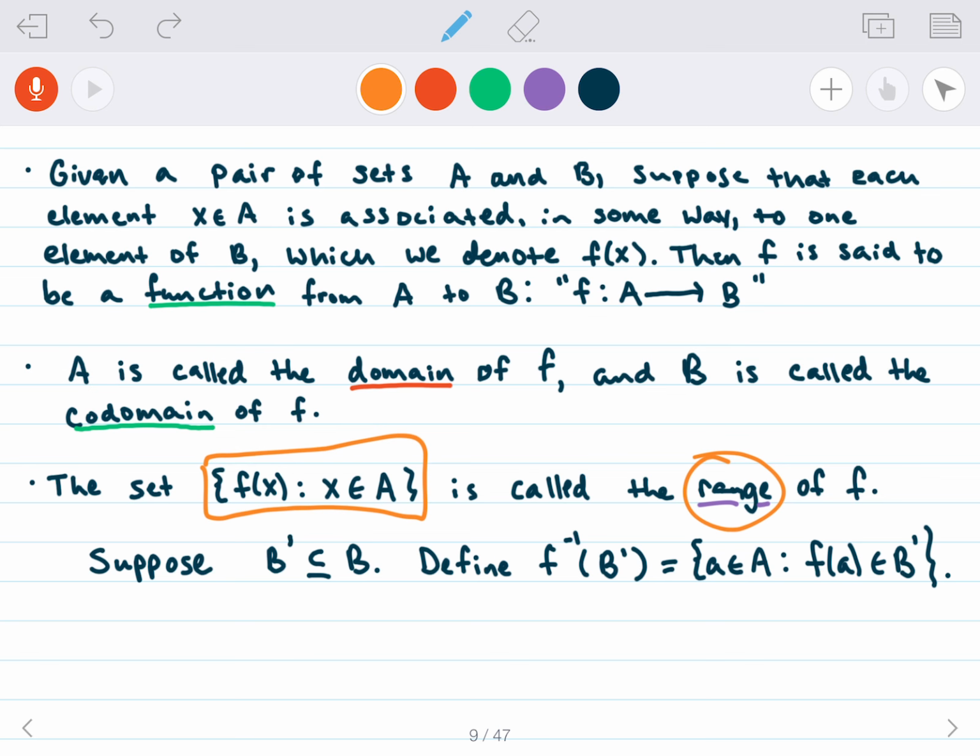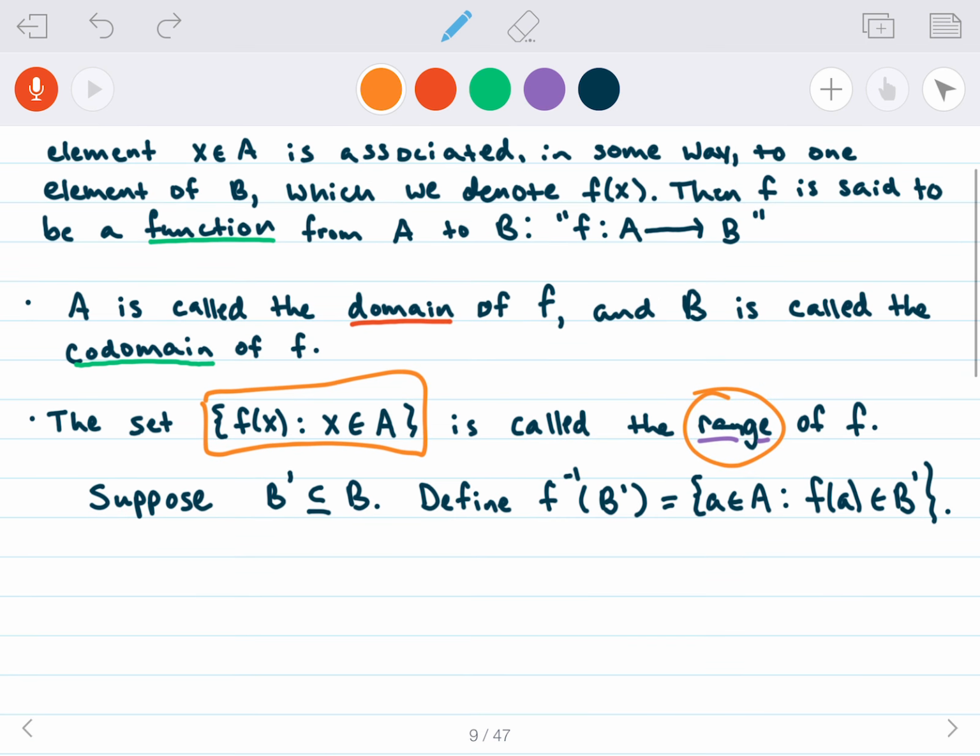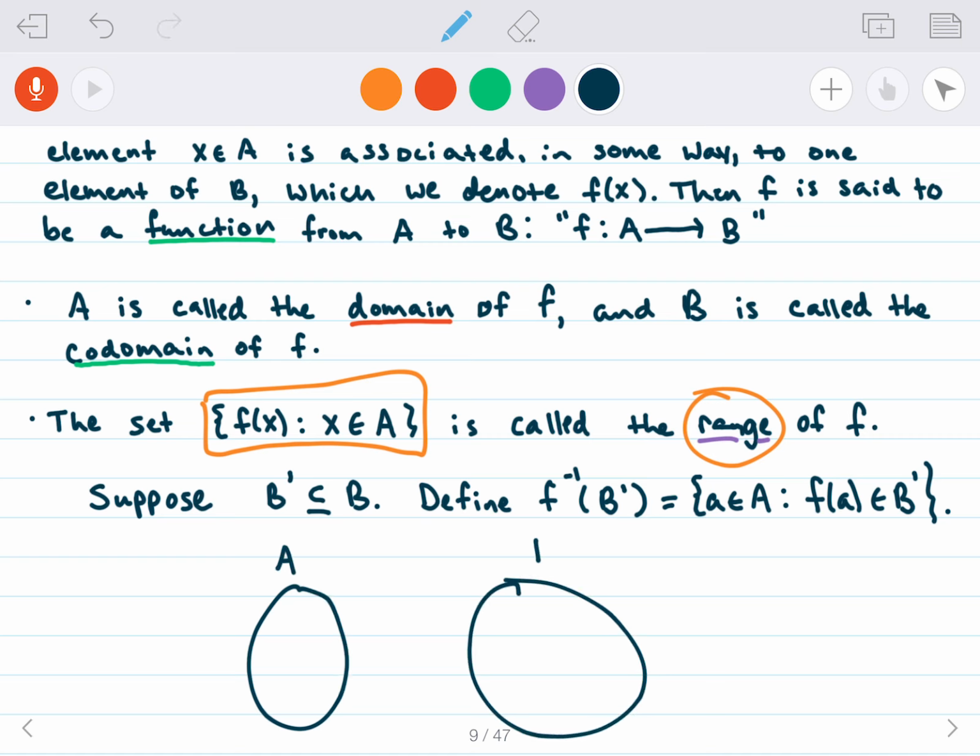Okay, so if we were to draw these things, let's just do a little sketch. So here's A, here is B. Inverse image also might be a problematic term to some people, because you may have a non-invertible function, but let's worry about the details later and just get the intuition for now.